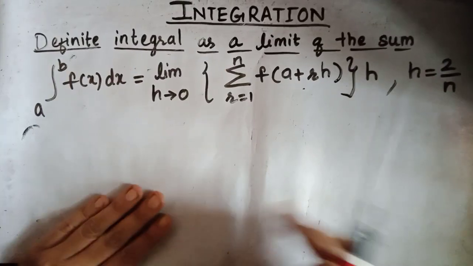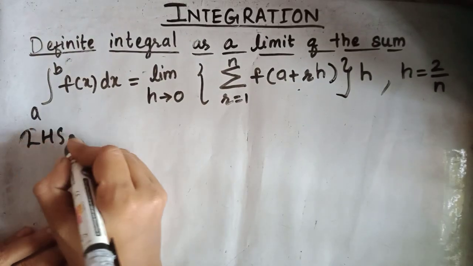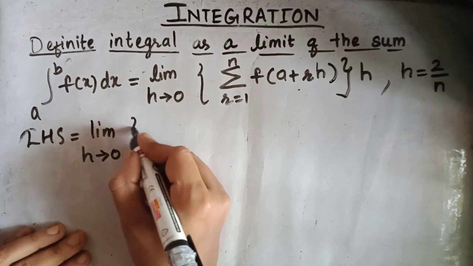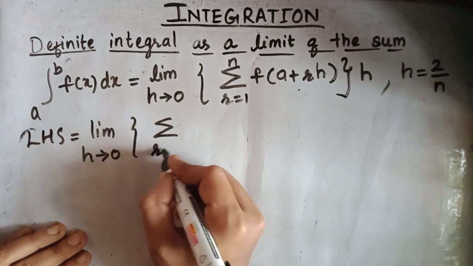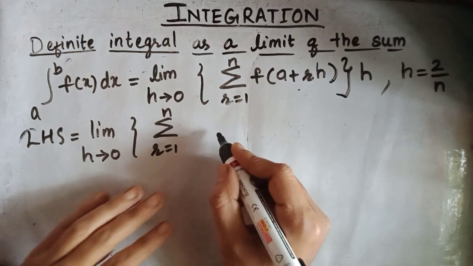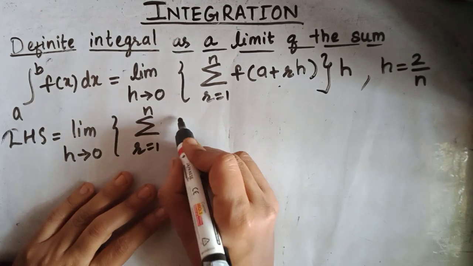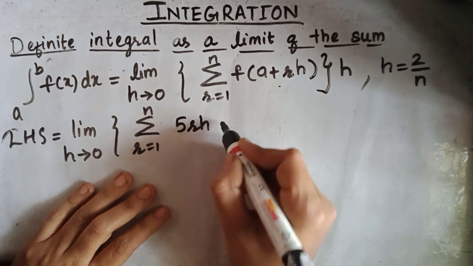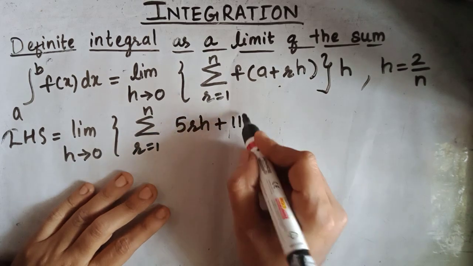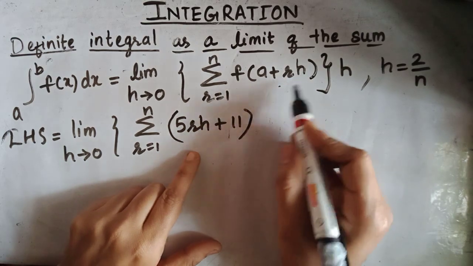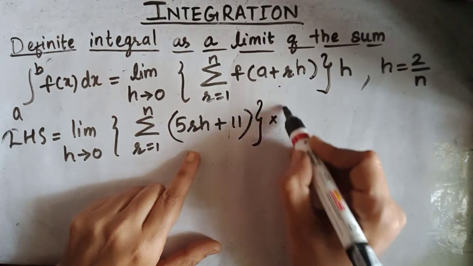Your LHS becomes equal to limit as h tending to 0 summation r from 1 to n of what we got, 5rh plus 11. This is the value of f, into h.